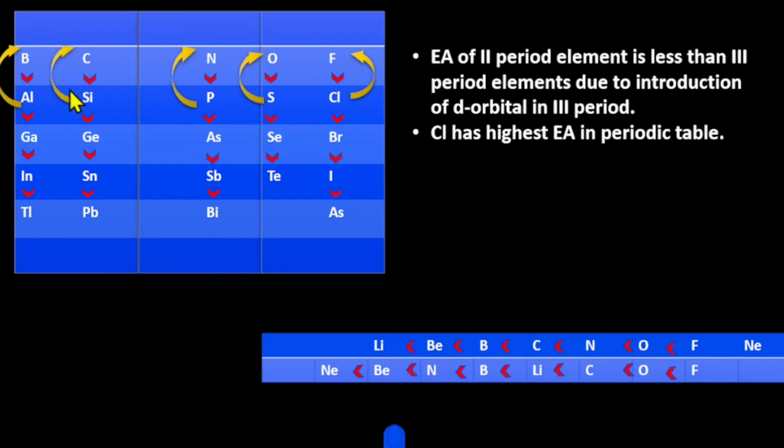First, electron affinity of second period element is less than that of third period element due to introduction of d orbital in third period. This is the third period, and here d block is introduced, d orbital is introduced, due to which these elements have more electron affinity, so they will come above.